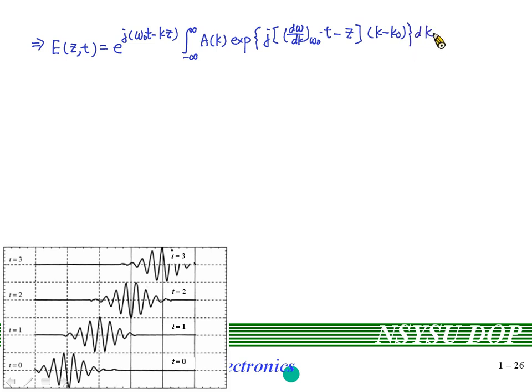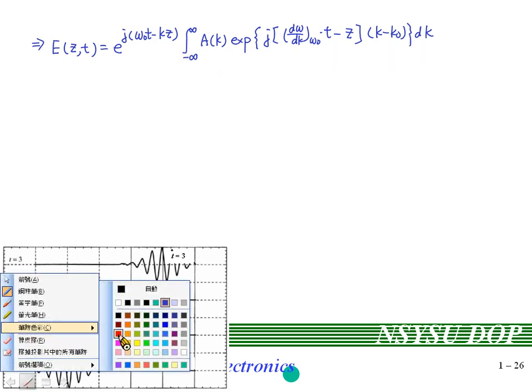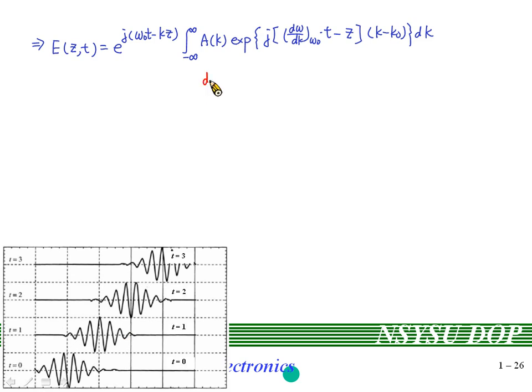Okay, and you can see that we obtain a very long expression for the E of t with a very complicated integral shown here. Then we try to simplify this integral, so we define a parameter psi equal to z minus d omega over dk times t.